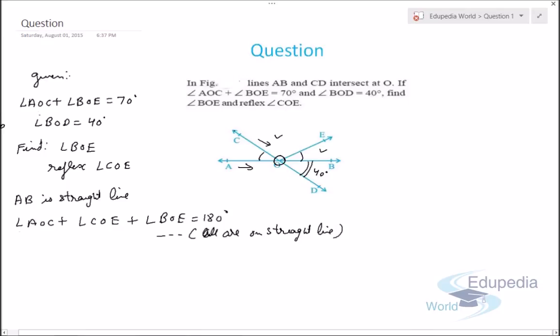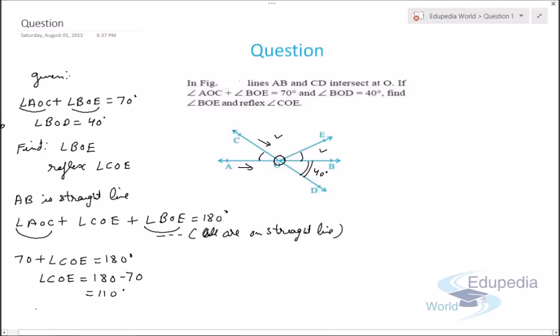We are given that angle AOC plus angle BOE is 70 degrees. So we can write 70 plus angle COE equals 180 degrees. So angle COE comes out to be 180 minus 70, which is 110. Now we got angle COE.